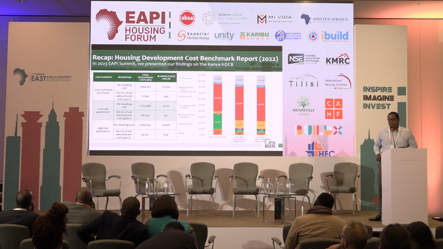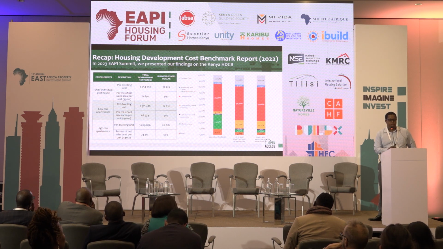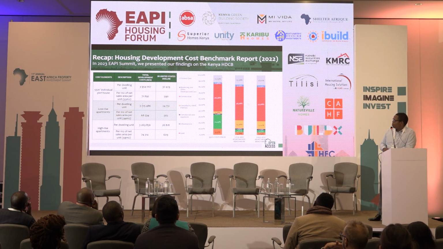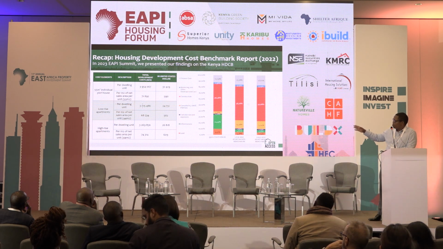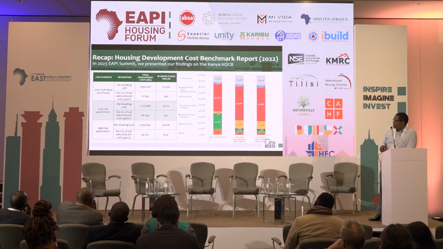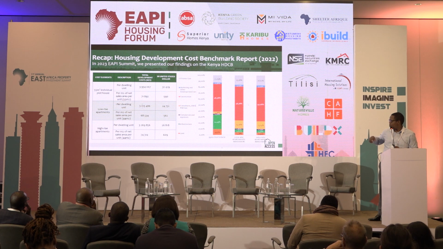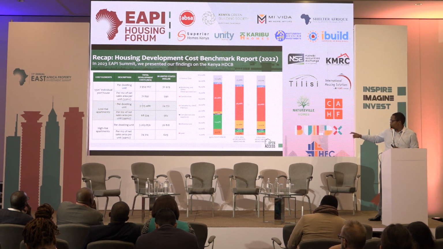So this conversation is a follow-up to a presentation that I made last year at this exact same forum, where I presented the Housing Development Cost Benchmark Report. The report was looking at 3 typologies of houses, and these were hypothetical houses: a 55 square meter house, a bungalow, and then 2 low-rise and high-rise apartment blocks.